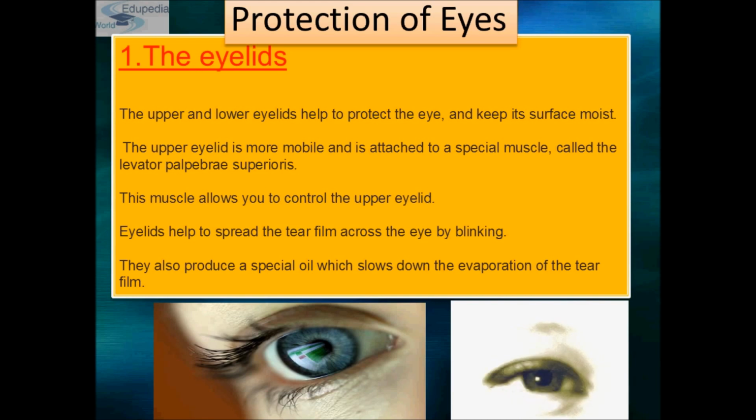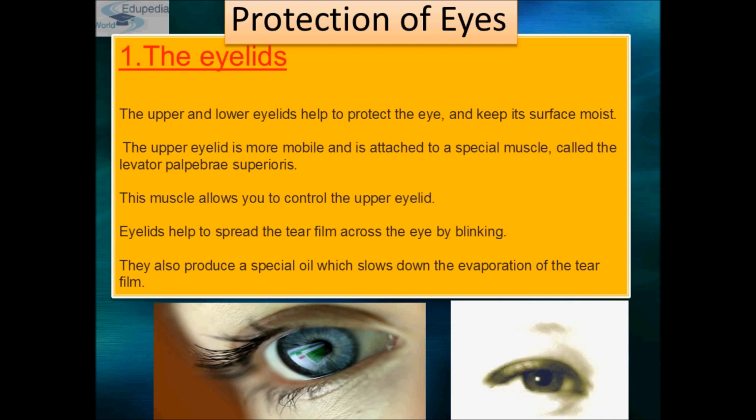And please note that eyelid is made up of several layers. From superficial to deep, these are skin, subcutaneous tissue, orbicularis oculi, fourth is your orbital septum, and fifth is your tarsal plates.